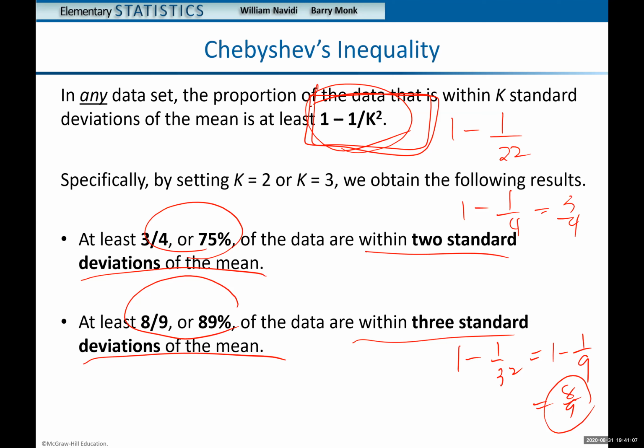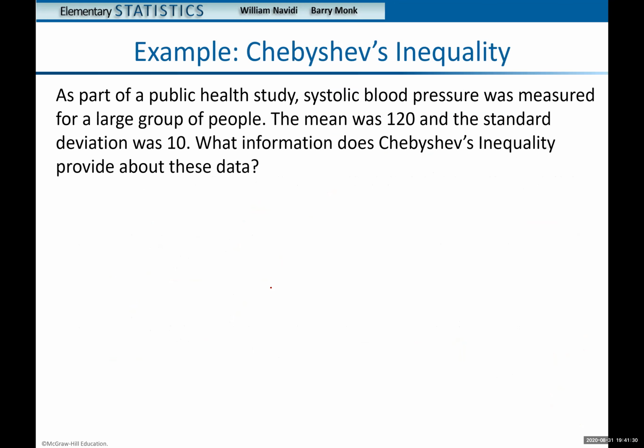Or just memorize that when k is equal to 2, that's 75%. When k is equal to 3, that is 89%. Earlier, for the empirical rule, 1 is 68%, 2 is 95%, and 3 is almost all.